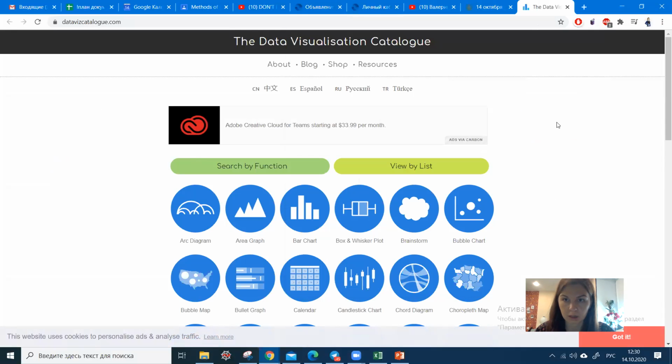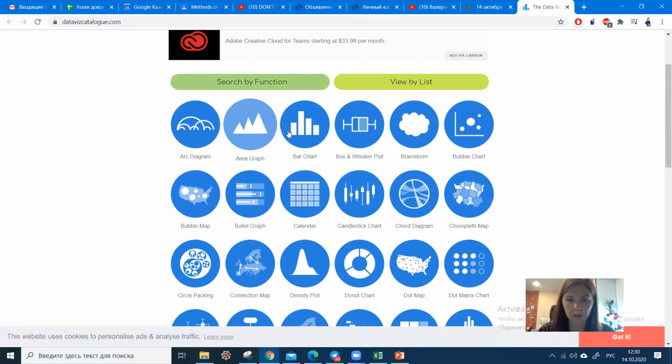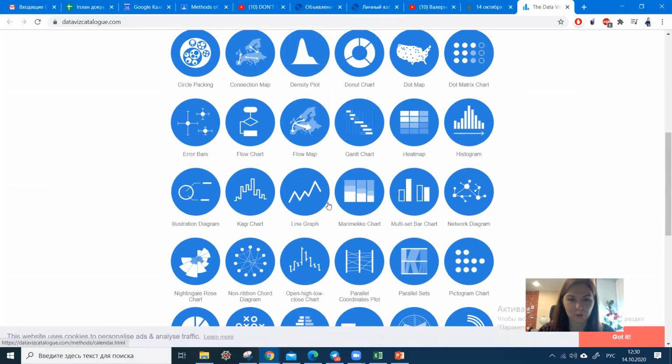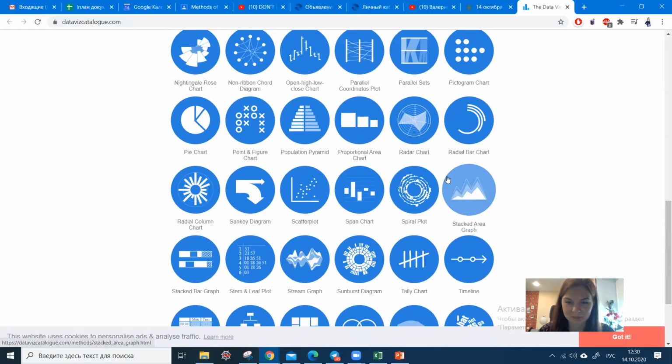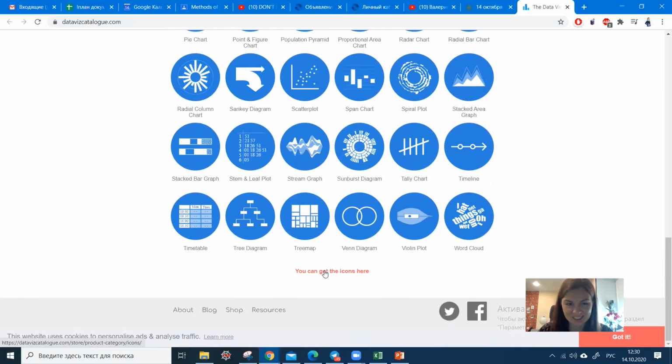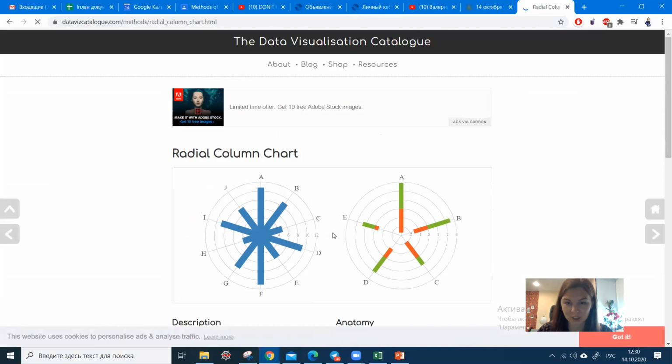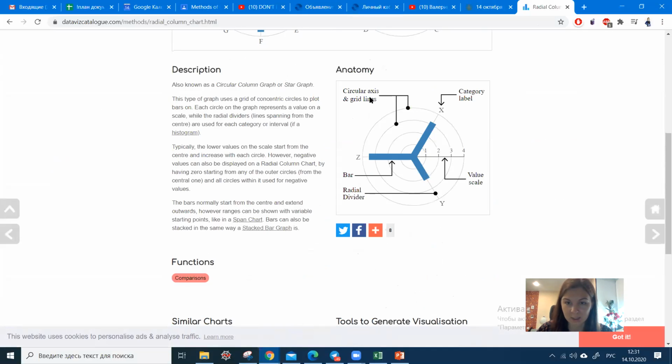So for example, this web page, yes, you see there are a lot of bars, charts, yes. For example, this radial column chart and explanation. What is this?